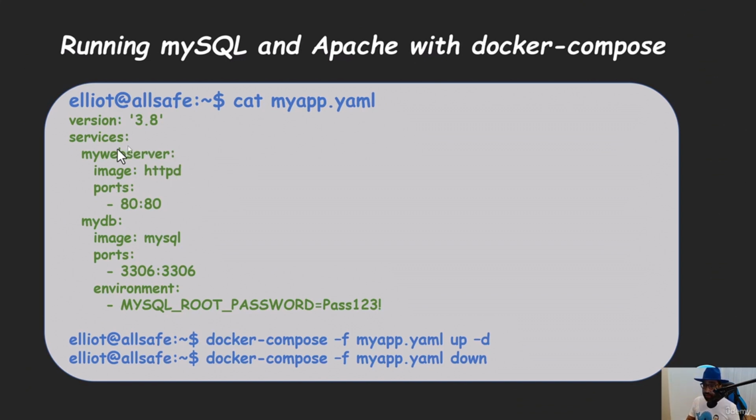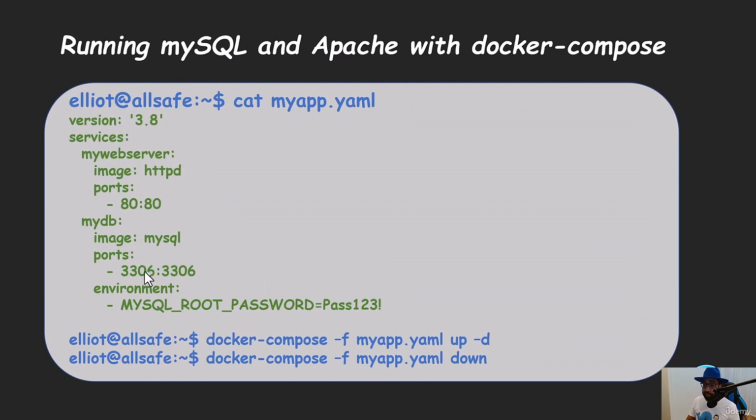So here I will create a container named mywebserver. It will use the Apache httpd image, and we will do a port binding of 80 from the host to 80 on the container. Similarly, we'll start a MySQL container named mydb.